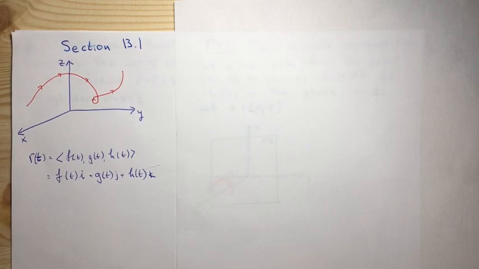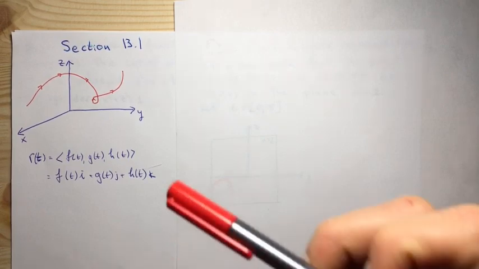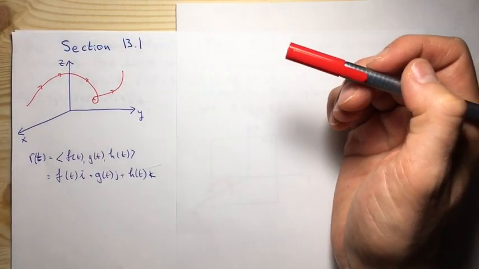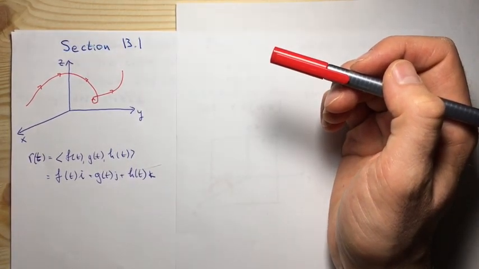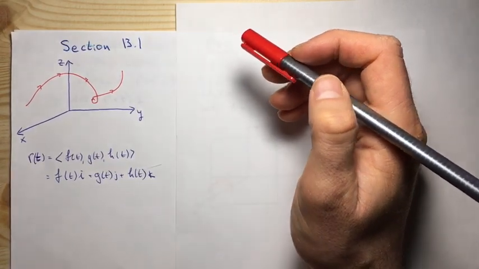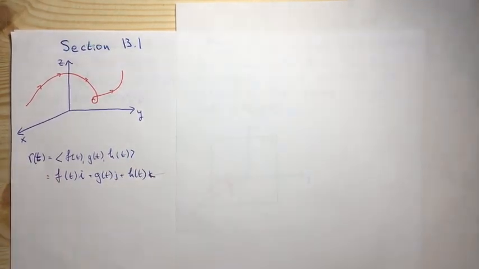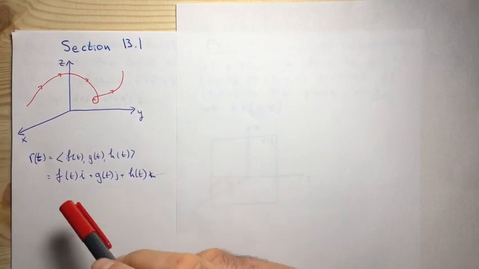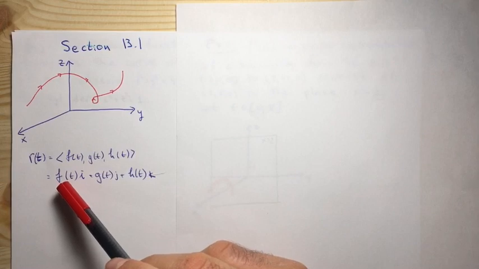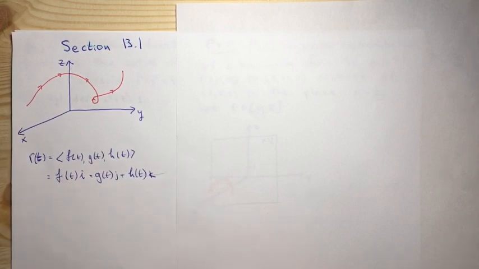Okay, so we talked about vector functions and space curves, right? Or plane curves, depending on whether we're talking in 2D or 3D. And those are given by vector functions, where each component of this vector is nothing but a function depending on a parameter t.